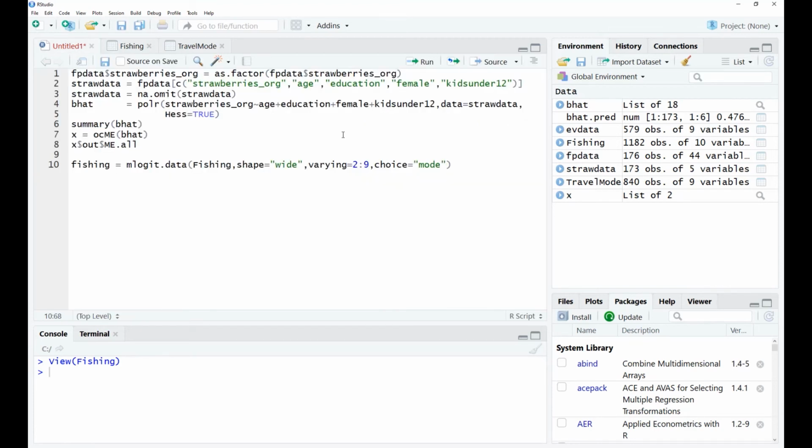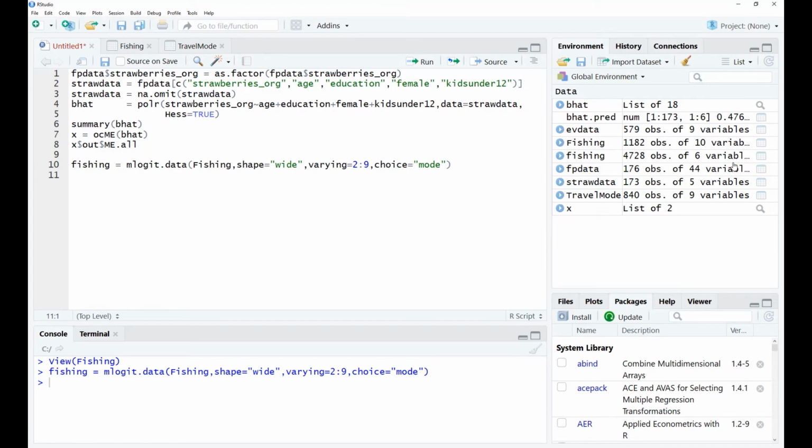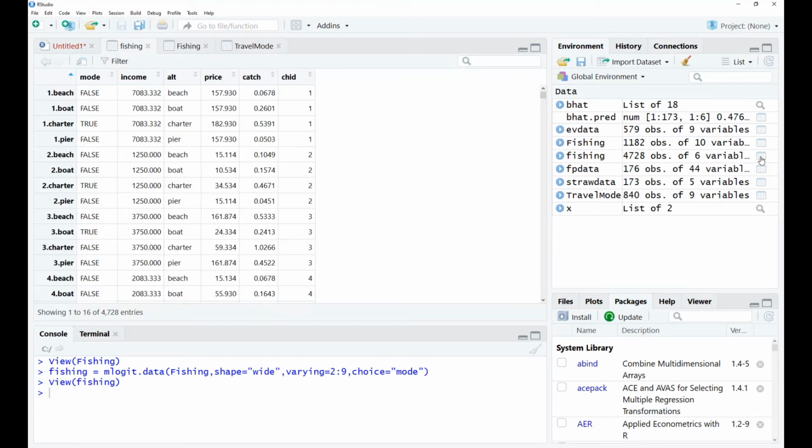We hit enter. And now note, if you look at the data, then R has actually transformed the data into long format, where we have the first individual. The first individual had 4 choices: beach, boat, charter, and pier. And the first individual made the choice of charter.